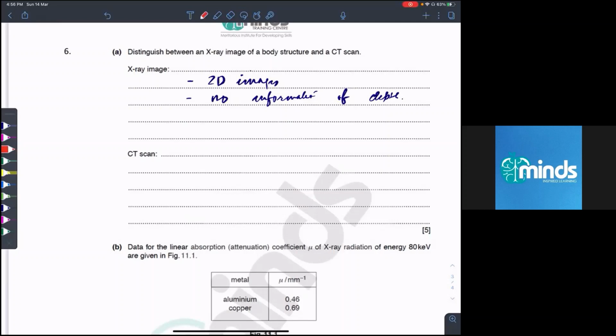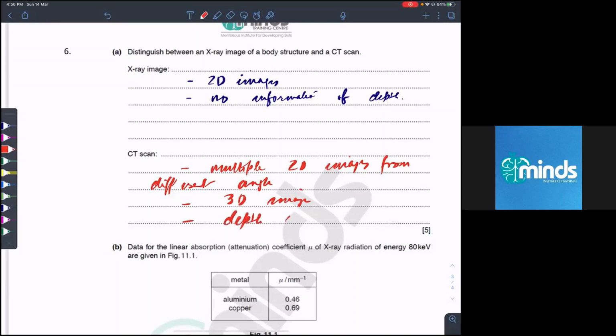If we talk about CT scan, CT scans are built from X-ray images taken from different angles. So you can mention multiple 2D images from different angles, processed to produce a 3D image, and this 3D image actually gives us depth information as well.